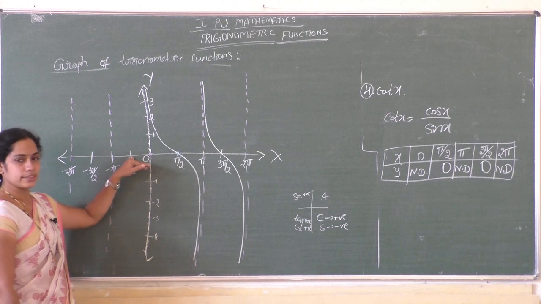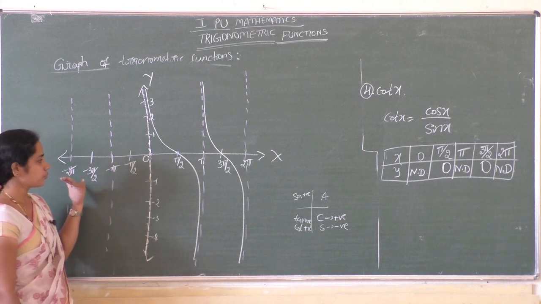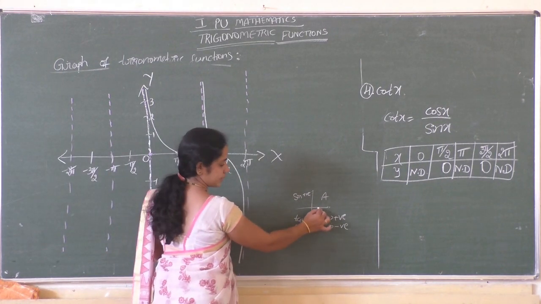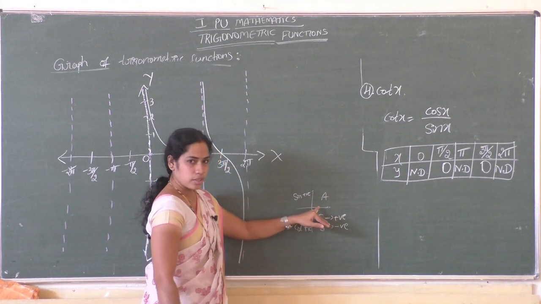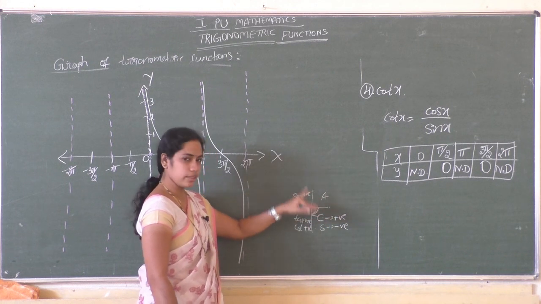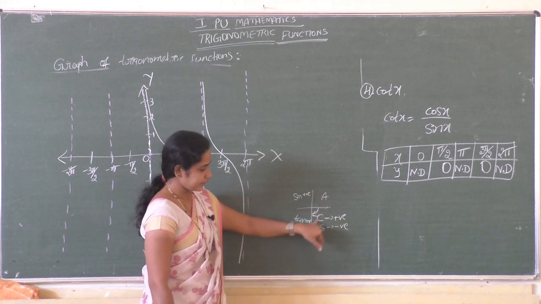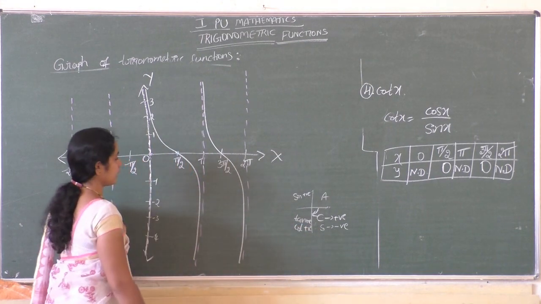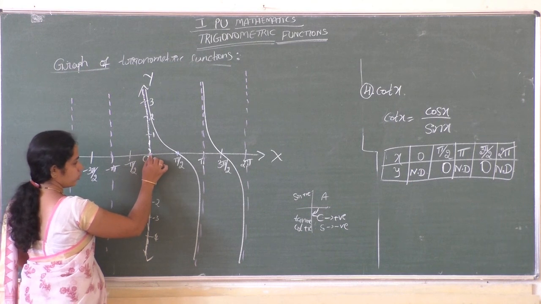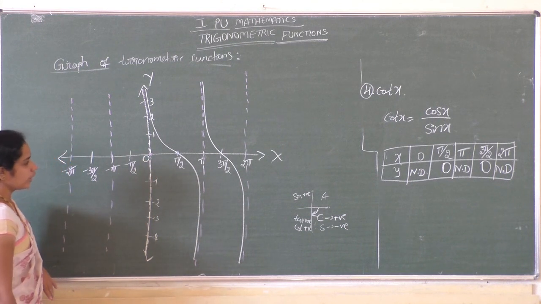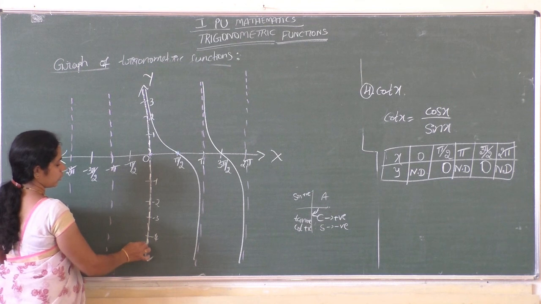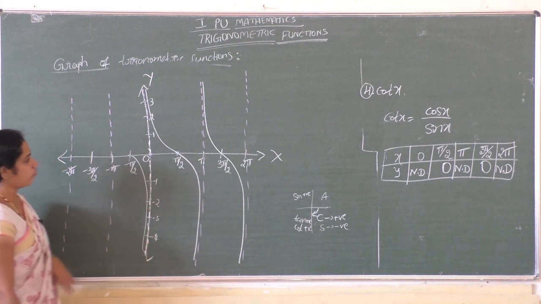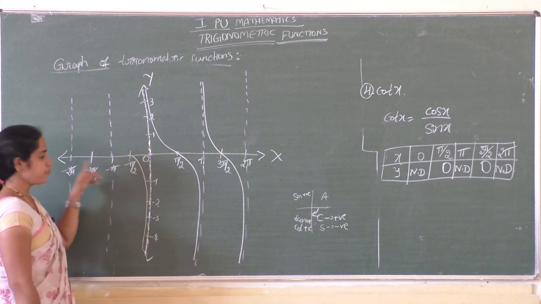The same values repeat on the negative side also. On the negative side, 0 to minus pi by 2. Negative side means it goes in the clockwise direction. From 0 to minus pi by 2 is the fourth quadrant, where cot is negative, so it goes from negative to 0 and the same repeats up to this side.